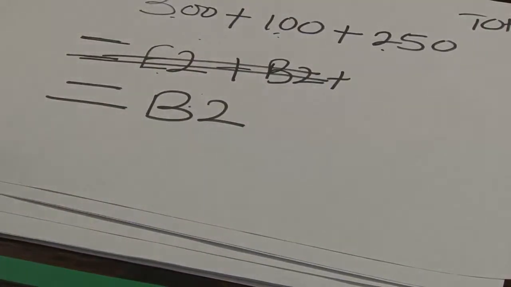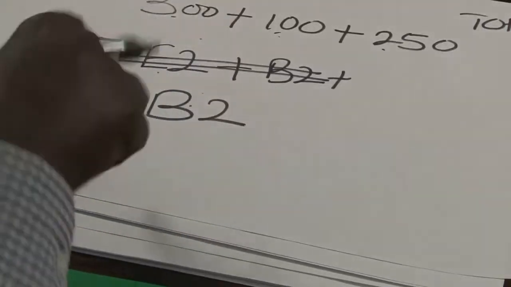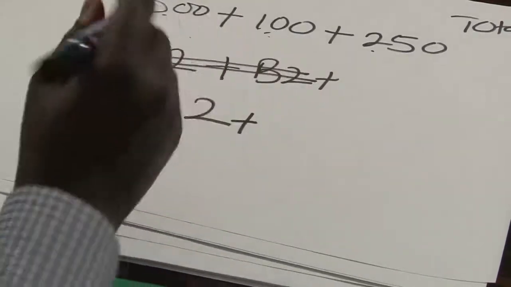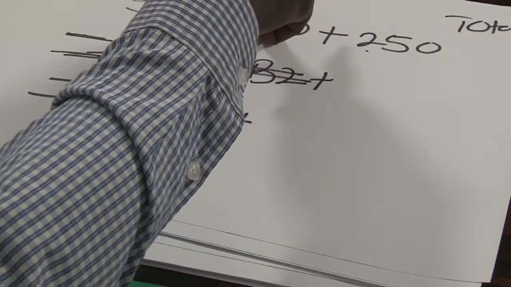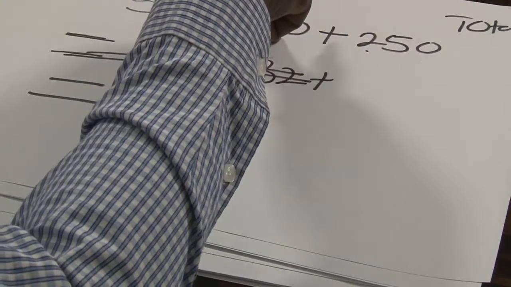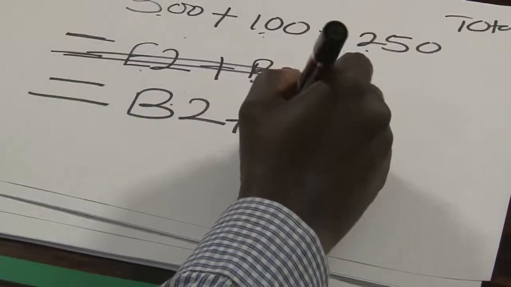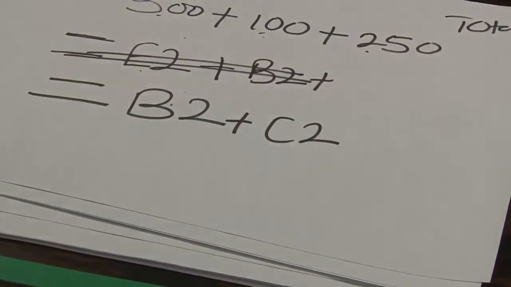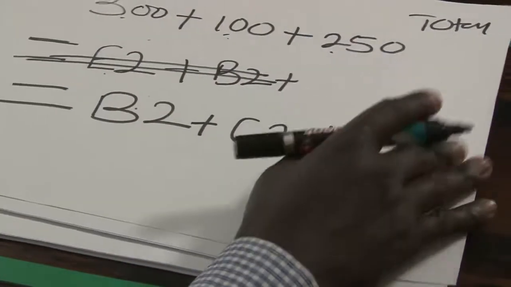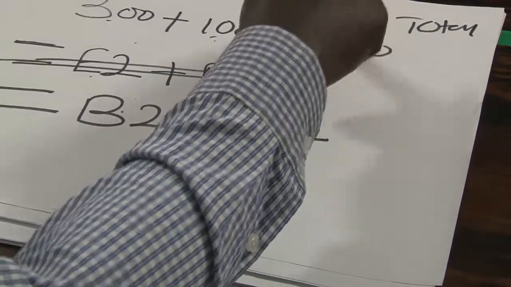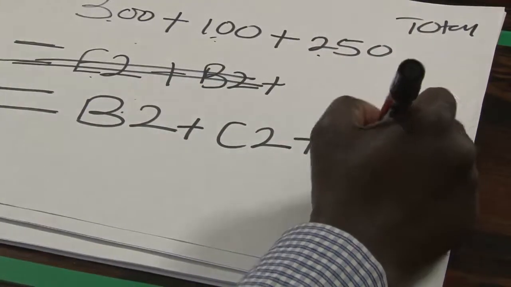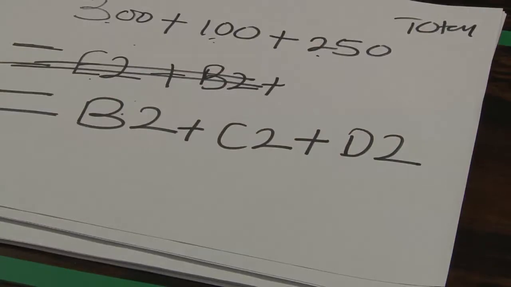That was a mistake, sorry. This 300 is in cell B2. Plus, where can you see this 400? This 400 is seen in cell C2. Can you see that now? Plus, where can you see this 250? It's in D2. Can you see now?